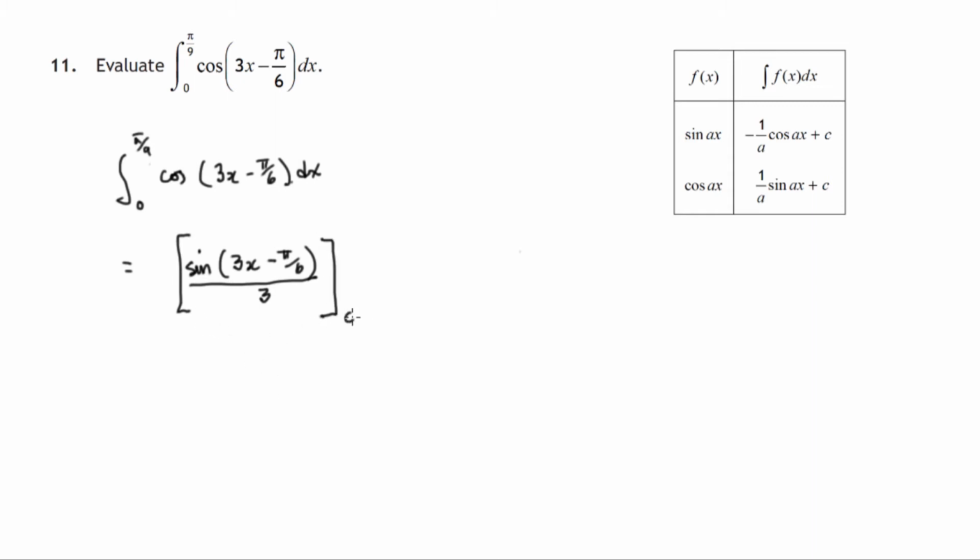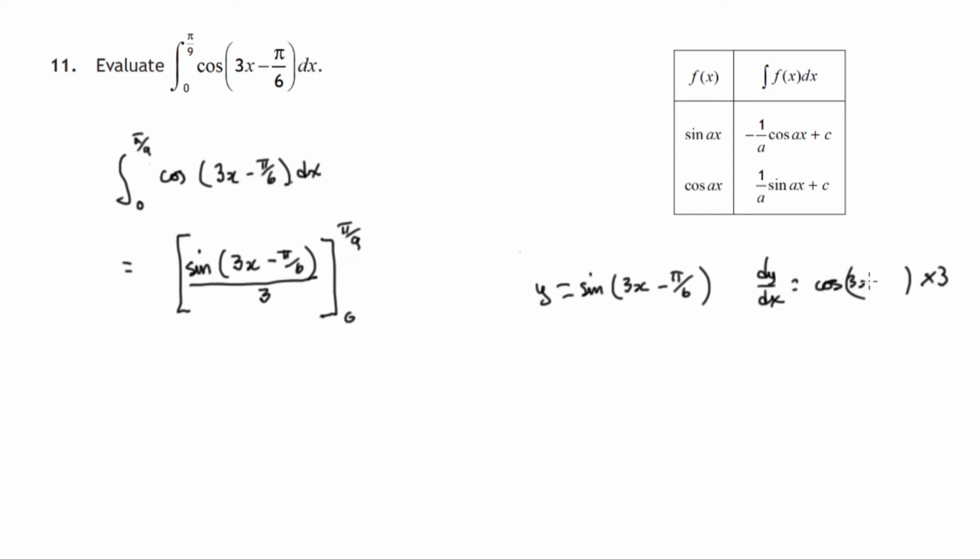Now the reason that we do that is, if we check by differentiating back, remember differentiation is the opposite of integration. If we try and differentiate sine of 3x minus pi upon 6, we would get the cosine of that expression, but the chain rule tells us we'd have to differentiate 3x minus pi upon 6, which is 3.